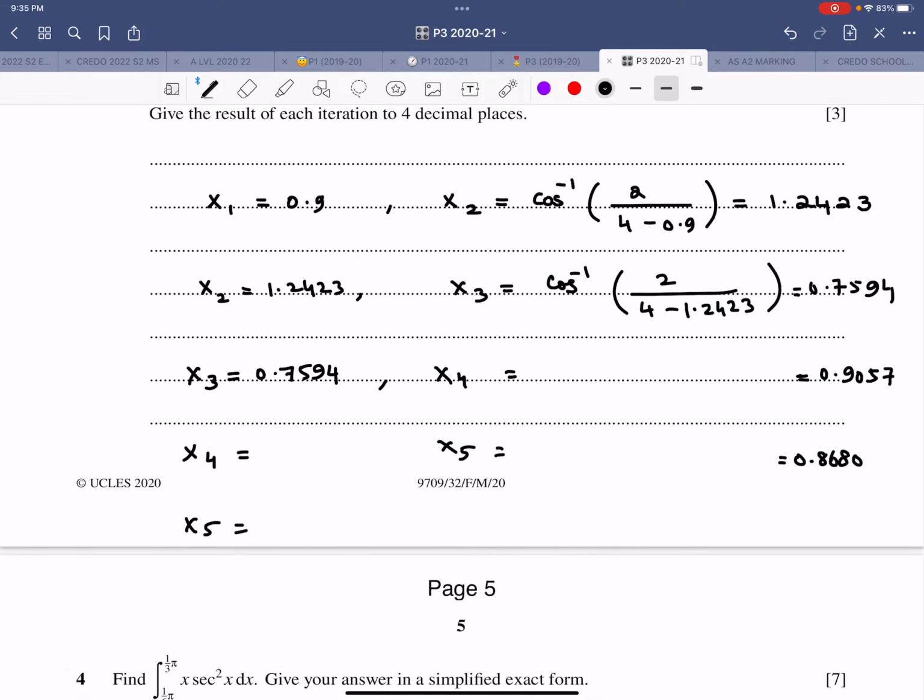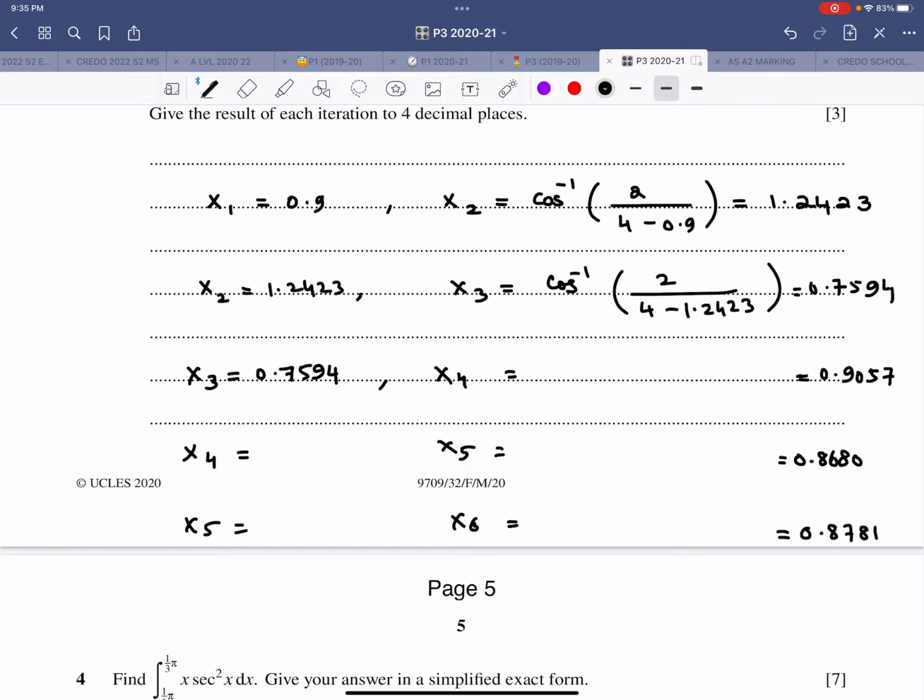x5 is this value. x6 would be 4 minus 0.8680, and then reciprocate, and then multiply by 2, and then cosine inverse. So this is 0.8781. So it took a little bit longer than usual.